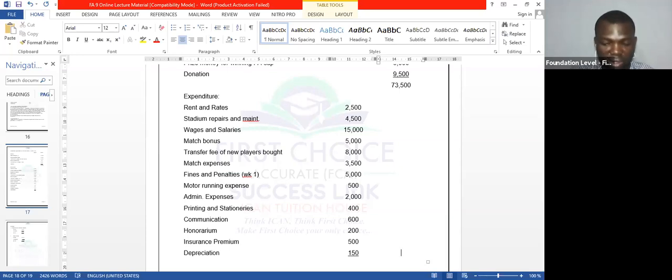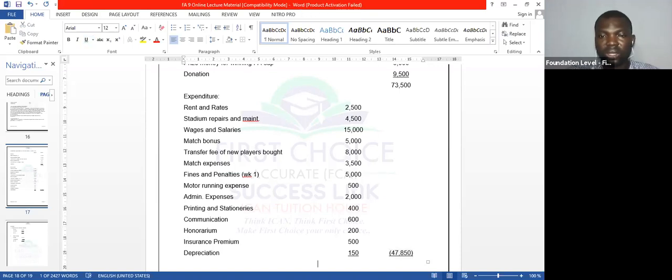That will give us a total sum of 47,850. So since it is our expenditure, we are reducing it to 47,850. So we have it here.